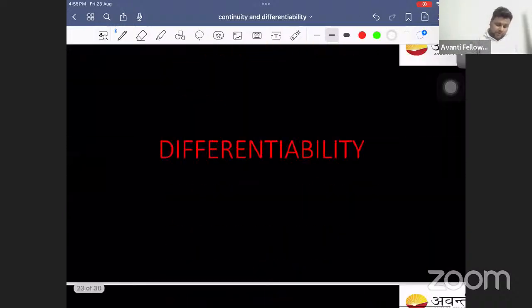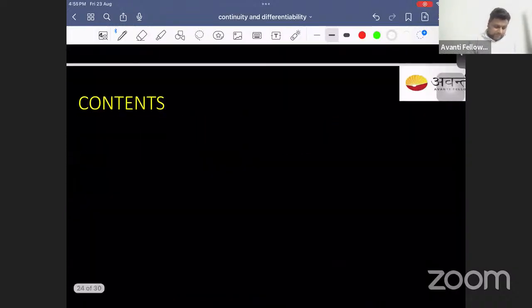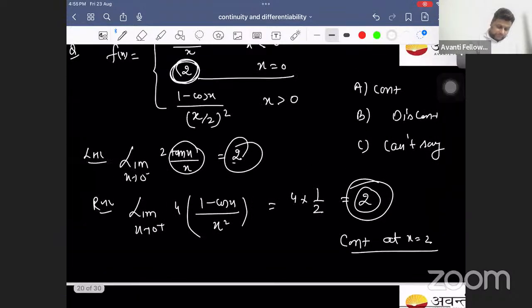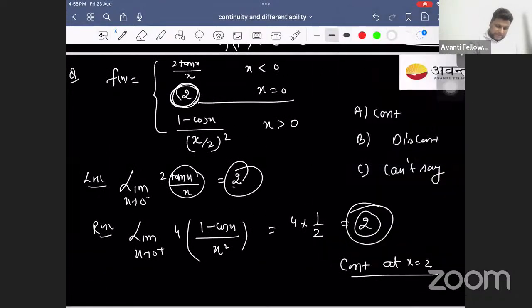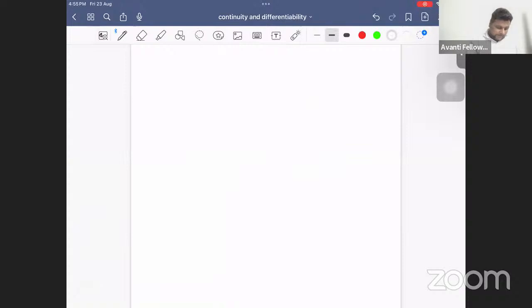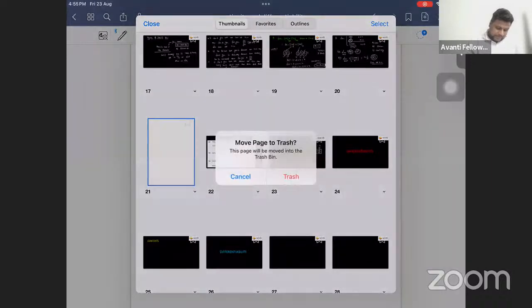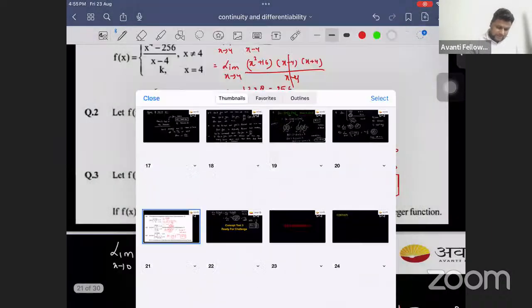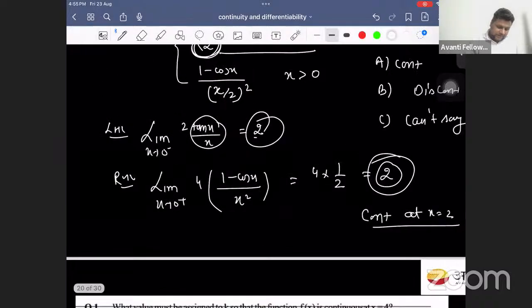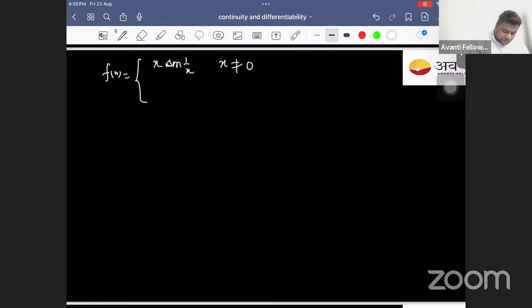Got it? I'll talk about another problem. Now see, a function f(x) is given as x sine 1 by x if x is not equal to 0, and it is 0 if x equals 0.